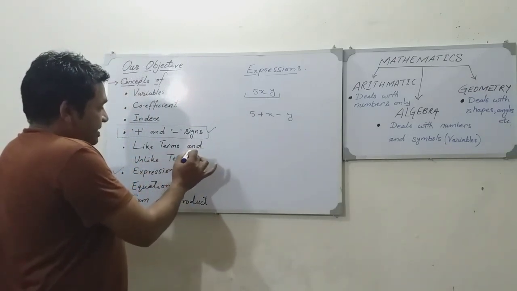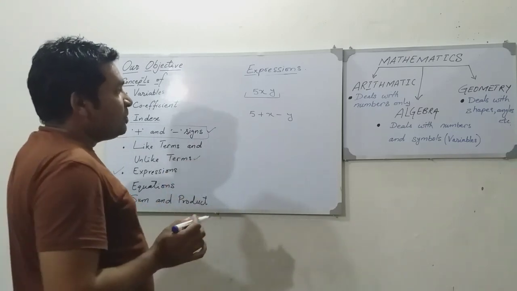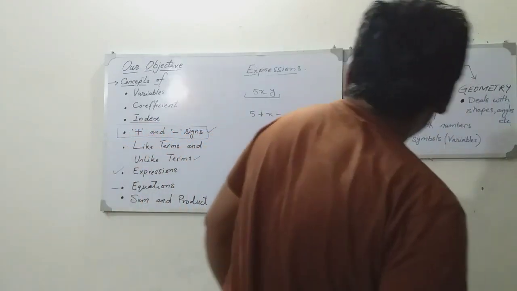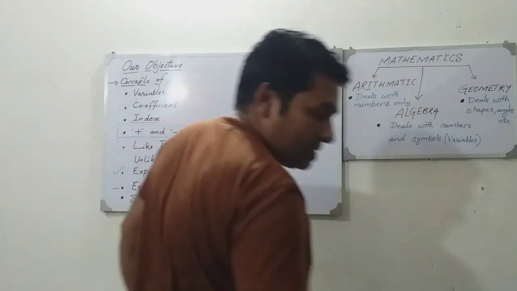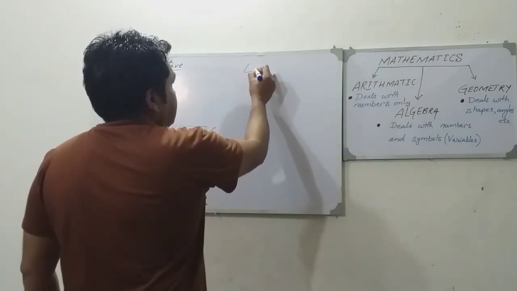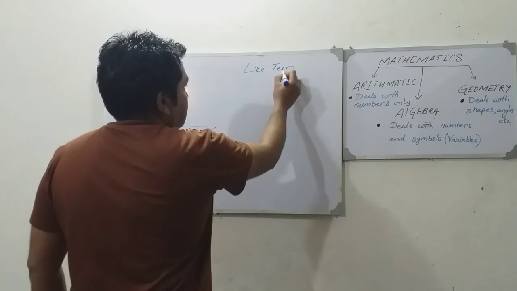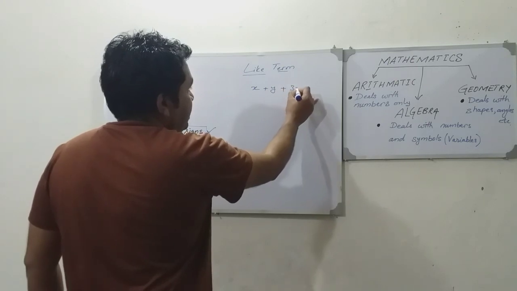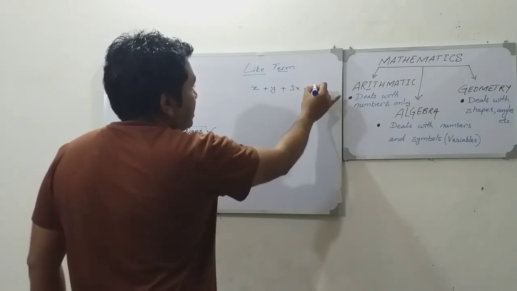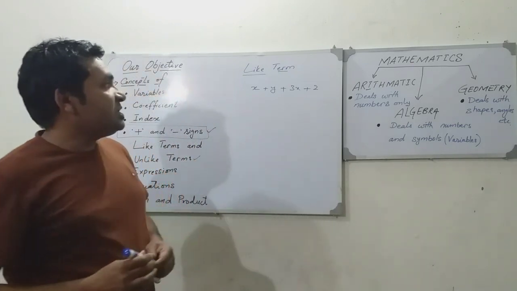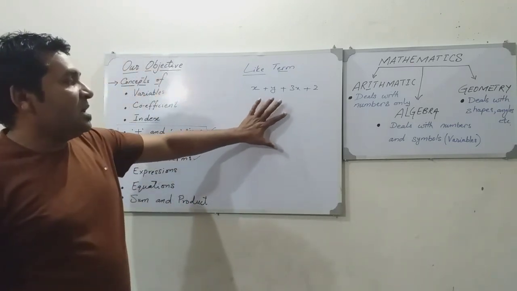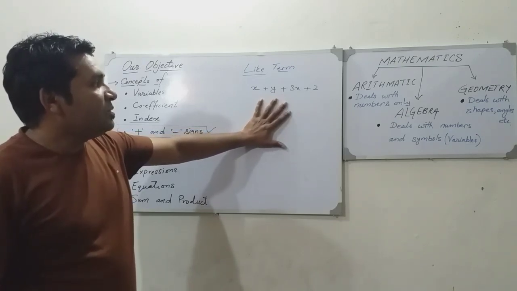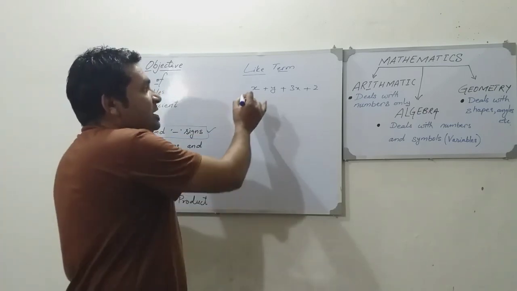Then we talk about like terms and unlike terms. Like terms, you know that if I write x plus y plus 3x and plus 2, if I have this expression and I am asked to find the final answer of this expression, then you know that I can add only the like terms.